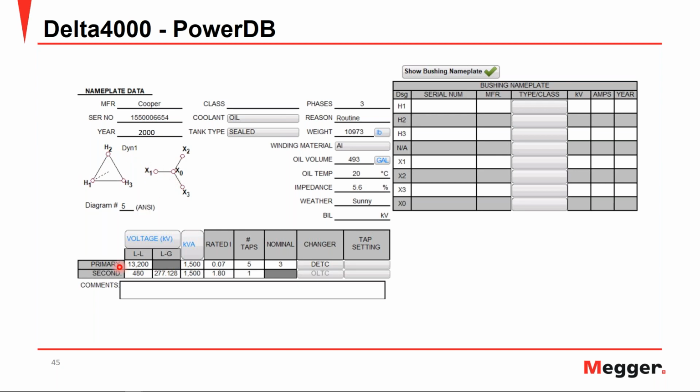You have your voltage rating, your power rating, your current, a chance to set up your taps, how many you have, what's nominal, of course, if you have a de-energized tap changer or on-load tap changer, and then the rest of your nameplate information. And one thing I'd like to highlight here is the oil temperature. It's very important if you want to accurately perform temperature correction to input the proper oil temperature.